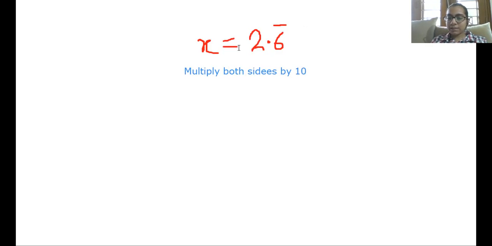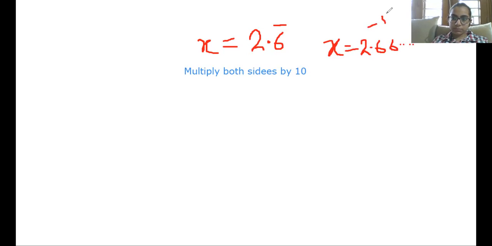So we are writing it as 6 bar, or okay, I'll just write it down for you. x equals 2.66 and so on. And this is our equation number 1.